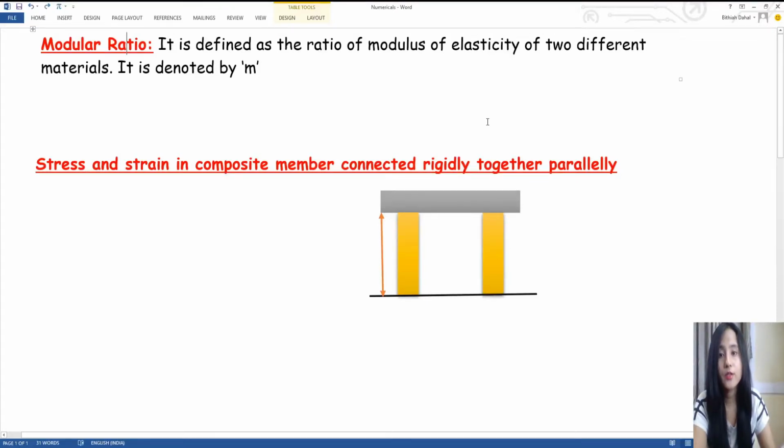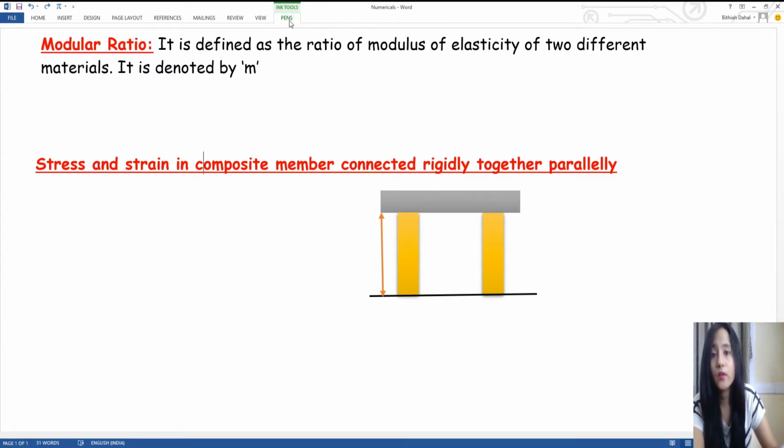Welcome to this session. Today, to solve the numerical, we'll have to understand the concept of modular ratio and stress and strain in a composite member connected rigidly together in parallel. So let us first understand what modular ratio means.